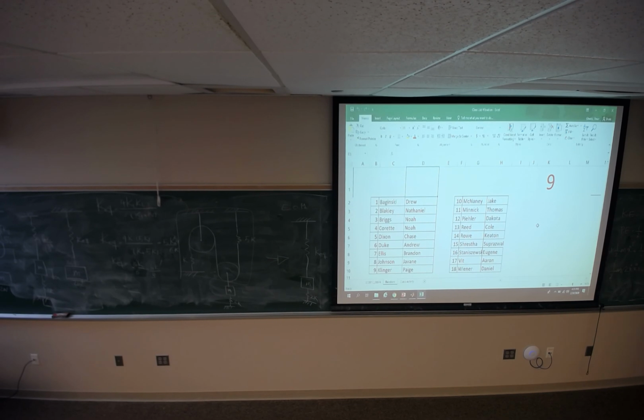Derivative of x squared is going to be 2x x dot, plus half of 10k over 3 2x x dot equals 0.